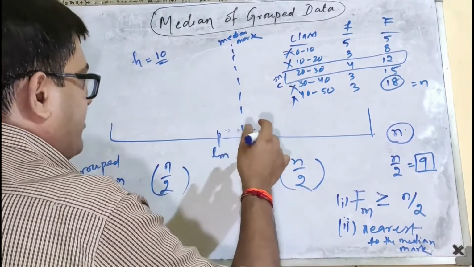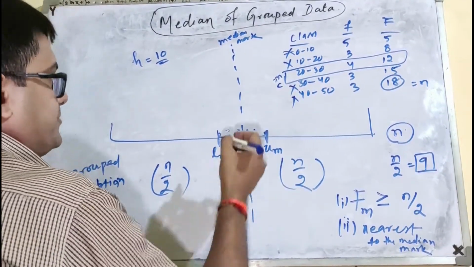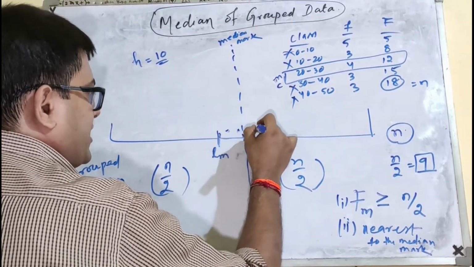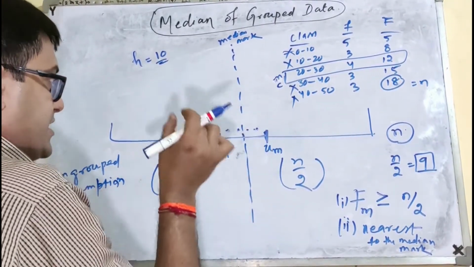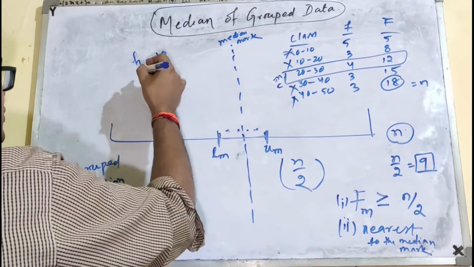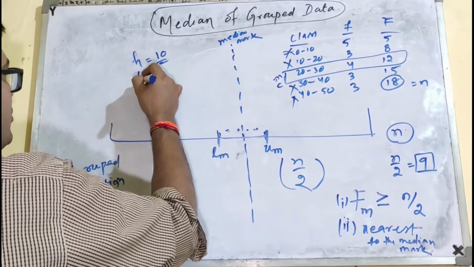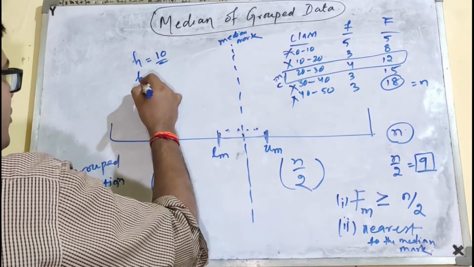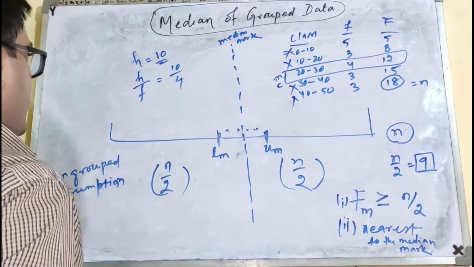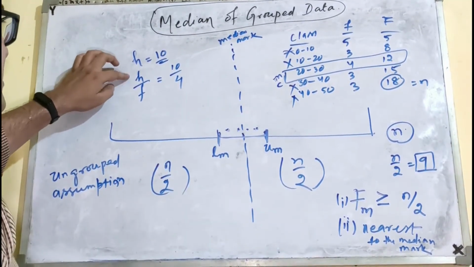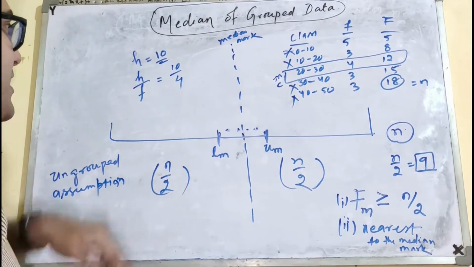So these 4 data points in our median class, if we assume that they are equally spaced, each space would amount to how much? Each space would amount to h by 4 or 10 by 4. The class interval or the class size upon the frequency of that particular class.